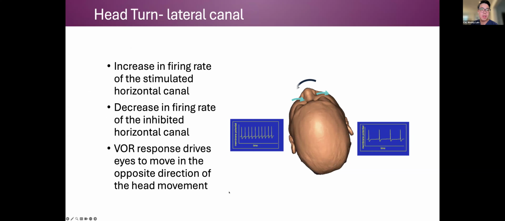So if the head turns to the left, the left side sends increased signals, your brain senses that your head is moving left, and the vestibulo-ocular response drives the eyes towards the right.